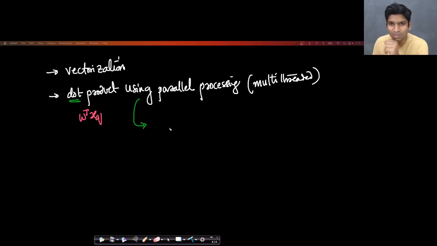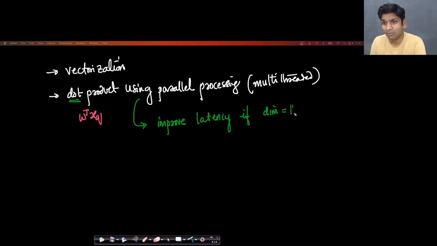Actually, the biggest problem in this is this could improve your latency if and only if the dimensionality of your data, which is the number of features, is very large. If your number of features is very large, this can improve latency.